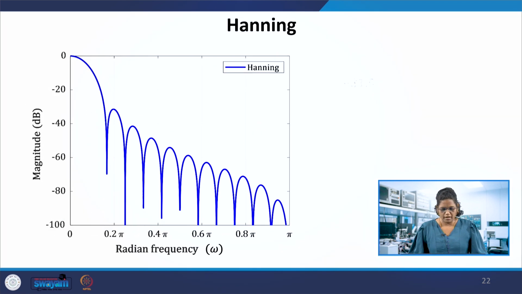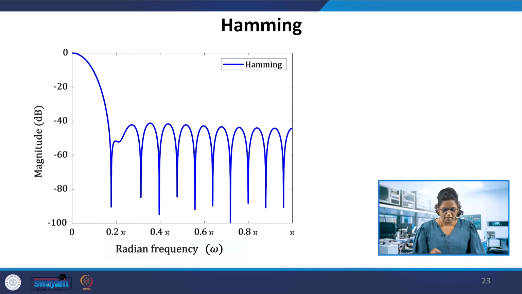Then Bartlett, and then the Hanning window, where this level is further down at minus 31.5 dB, and the width is further increased, and you can see the good roll-off rate also. Hamming doesn't have as good a roll-off rate, but its side lobe is at 42.7 dB.